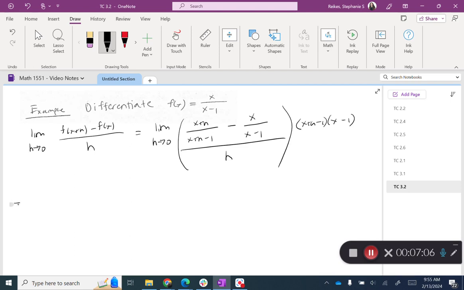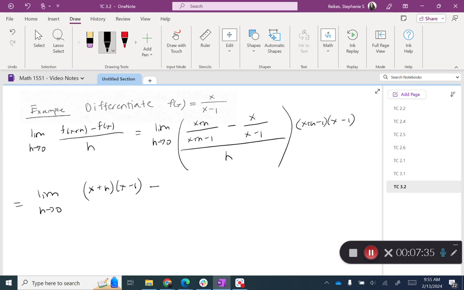All right, on the next line, I have the limit as h approaches 0, and once I distribute in the common denominator, what will I have left? So on the first fraction, my x plus h minus 1 is going to cancel out, so I'm going to be left with x plus h times x minus 1. And then on the second term, I have my minus sign.